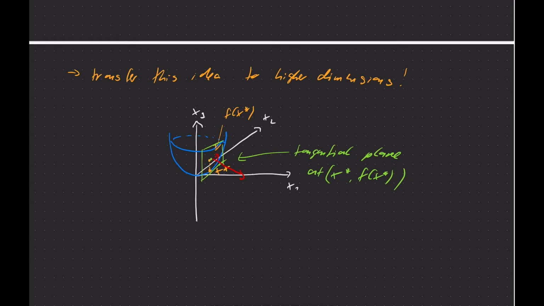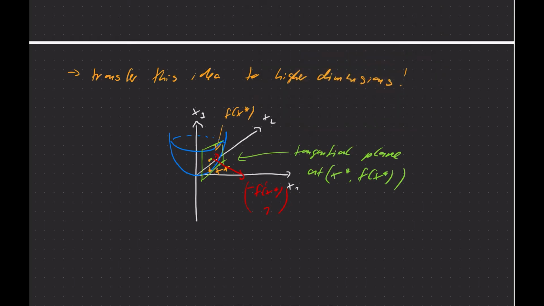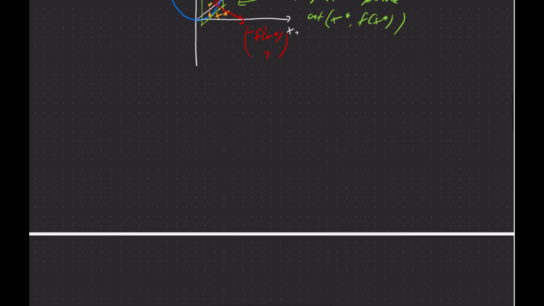So you can also describe those through a vector that is perpendicular to the plane. And this vector here will have the exact same form. That's going to be minus f prime of x and 1. Okay, now that's the idea that we want to transfer, and let's see how we can get this into a precise definition.